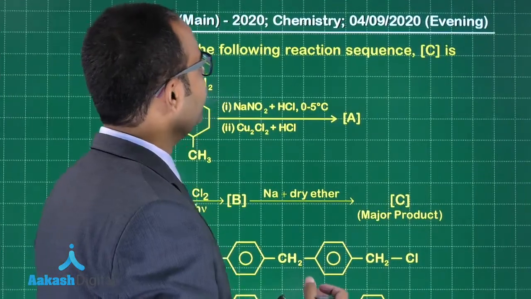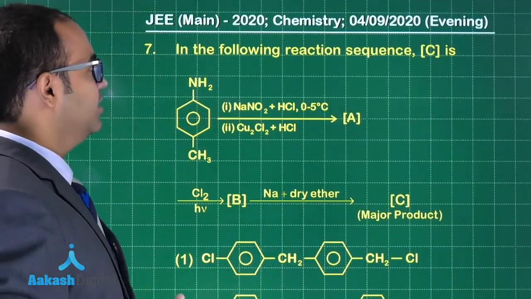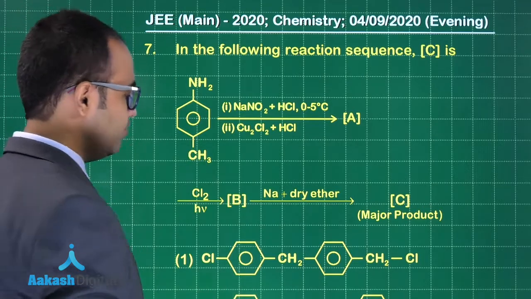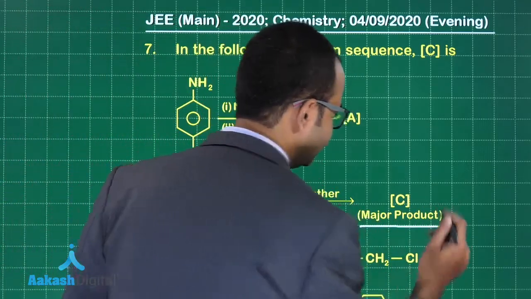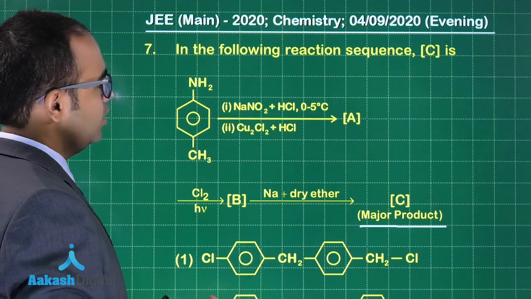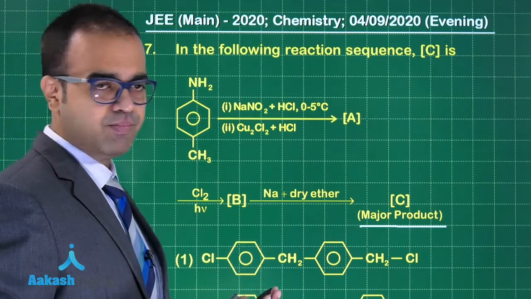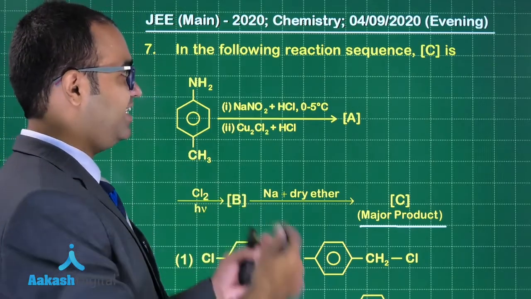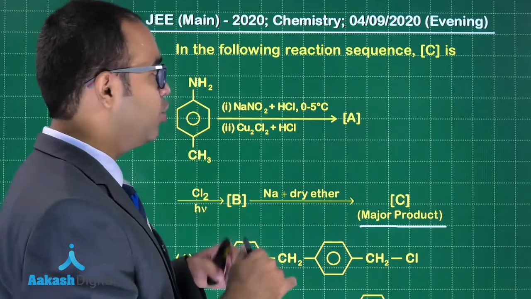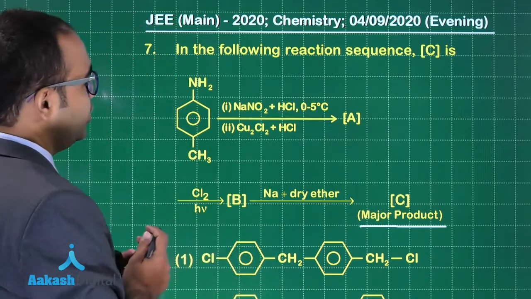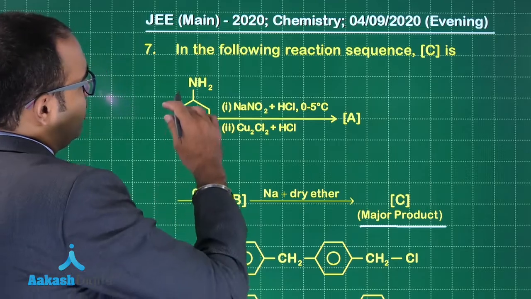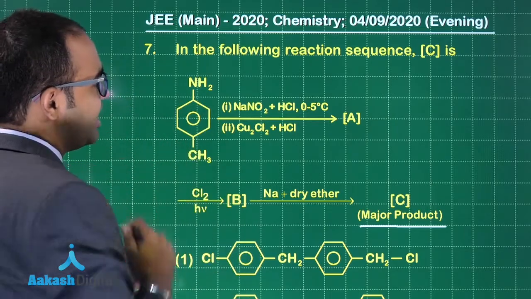In the following reaction sequence, C is? So we have to predict what is C. Let us look at each and every step. Before we look at the options, I suggest that you solve this and then go to the options. So you have NH2 and CH3 attached to benzene.